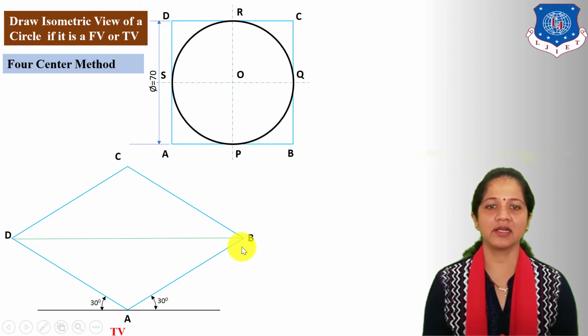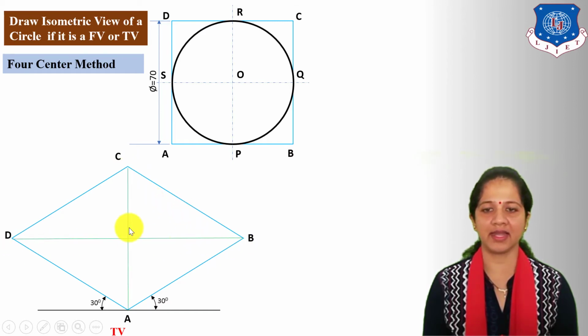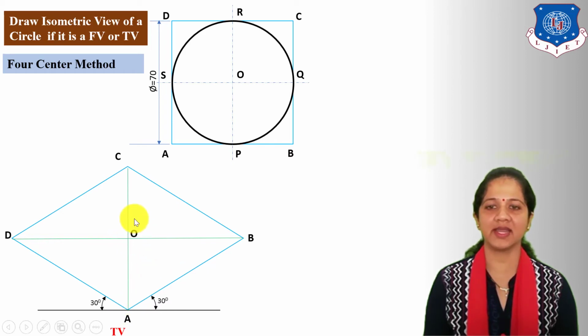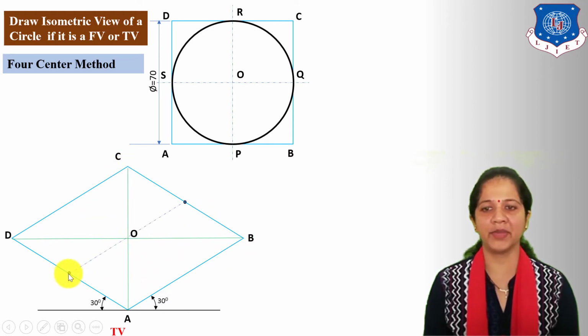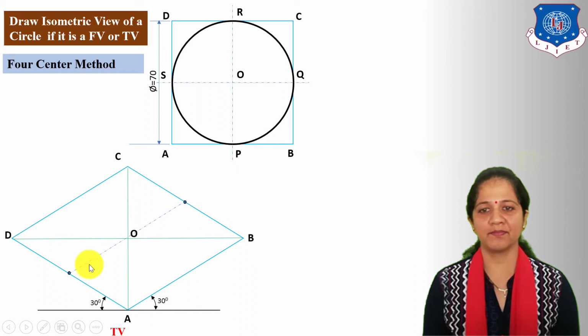Next, locate the BD and AC diagonals. Mark point O at the intersecting point of the DB and AC diagonals. Next, connect the midpoints of the AD and BC edges passing through point O and parallel to the AB edges.